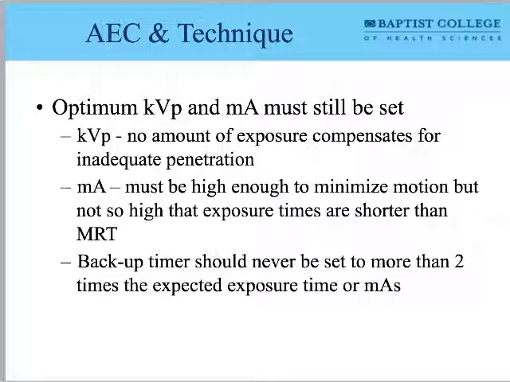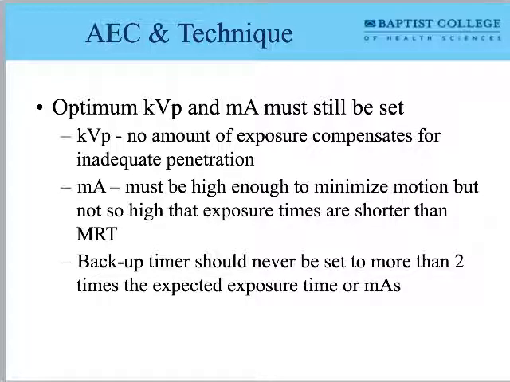All right. When we're talking about automatic exposure control, the first thing that we need to think about is, well, what the heck is an automatic exposure control? Looking in our textbook on page 411, we've already illustrated what the basic circuitry is of this doohickey. It is an ionization chamber that's positioned between the patient and the image receptor.